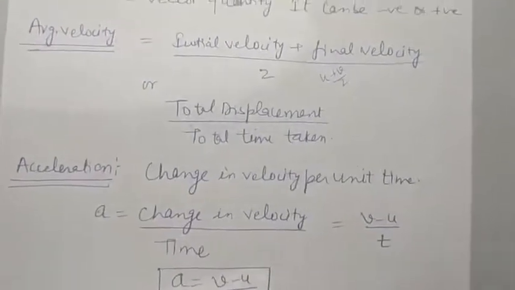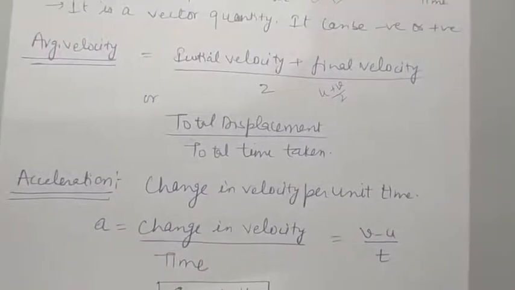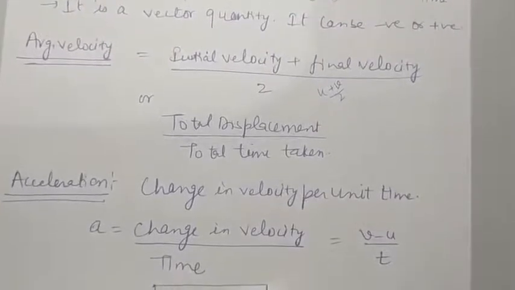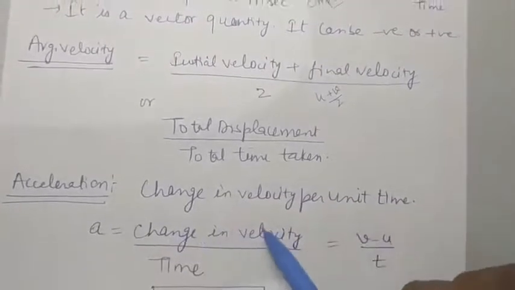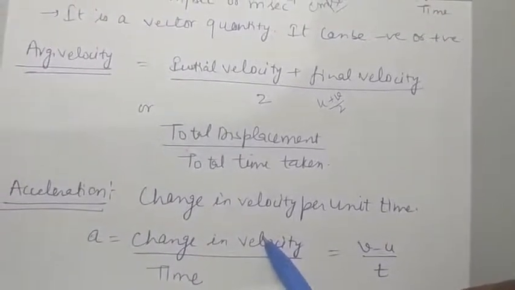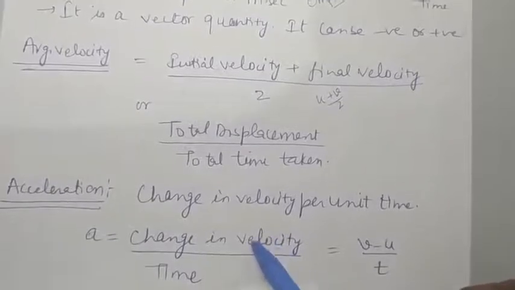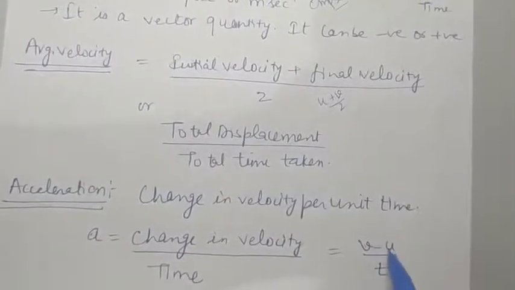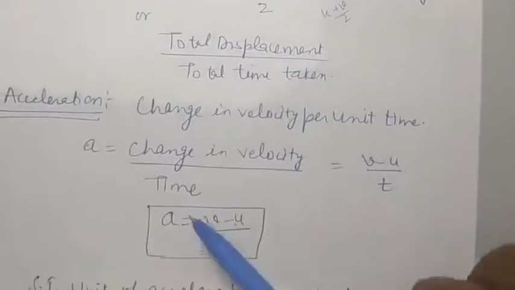Next is acceleration. A change in velocity per unit time is called acceleration. Let's suppose the body has initial velocity u and final velocity v, then the change in velocity will be v minus u, final minus initial, divided by time t.